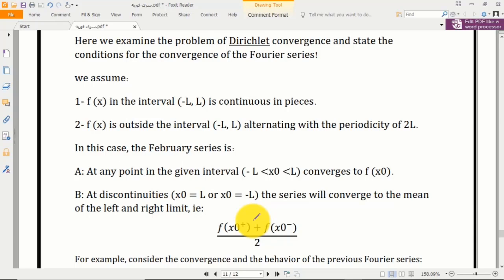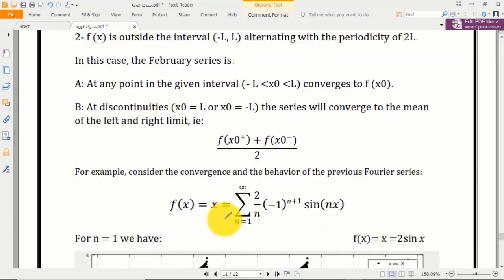Here I'm going to focus on convergence and Fourier series behavior to make it stick.